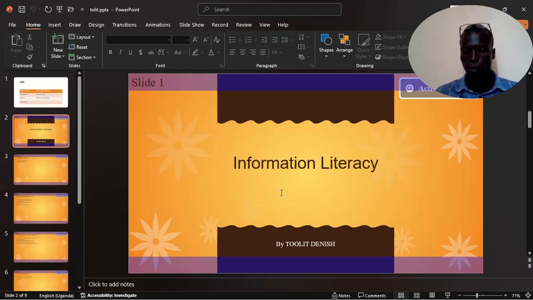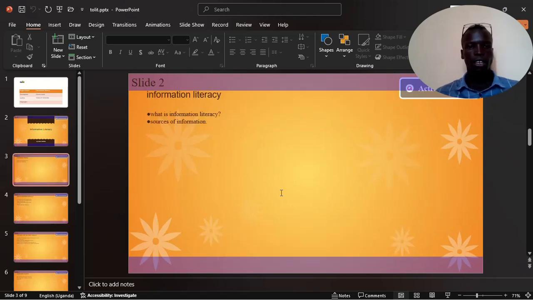And first of all, what we need to know and what we need to have in mind. First thing is the definition of information literacy. After that one, we are going to learn about the sources of information. Actually, where we can get information is what we call the sources.